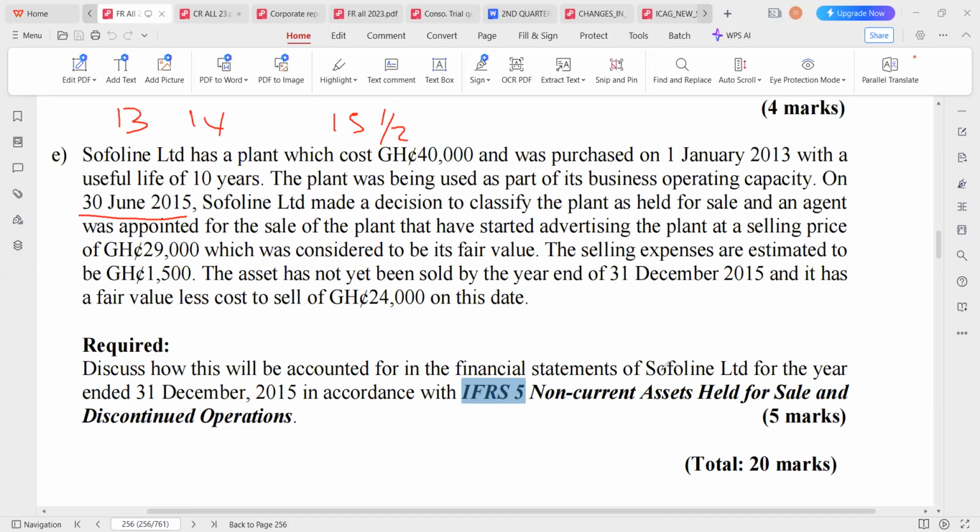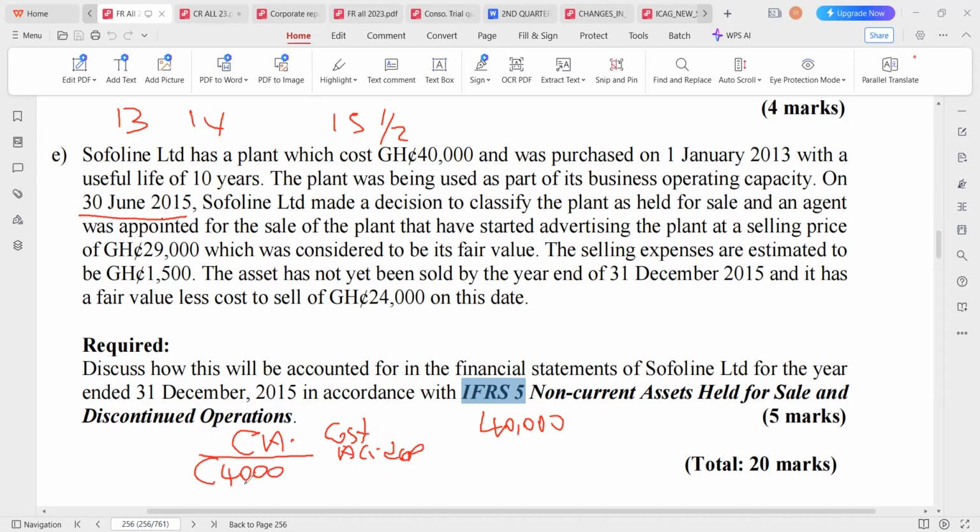So who can calculate the carrying amount for me? First, what is the cost of the asset? $40,000. Calculate the accumulated depreciation for me. What's the best way to calculate it? Open a bracket, 40,000 over 10 years times 2.5.